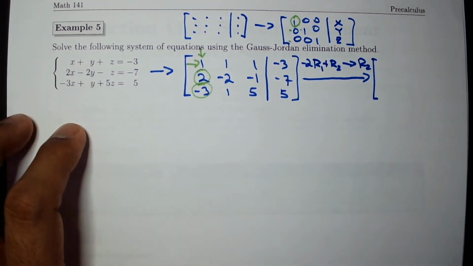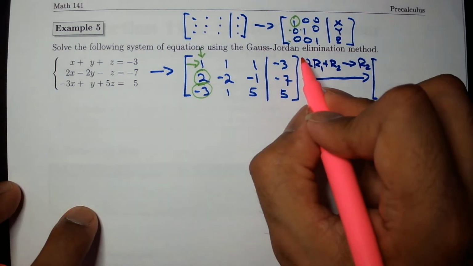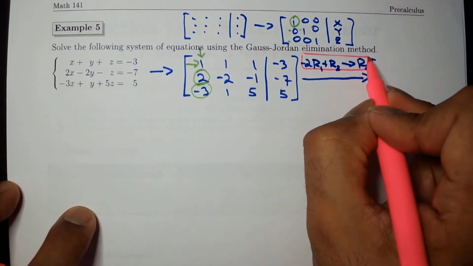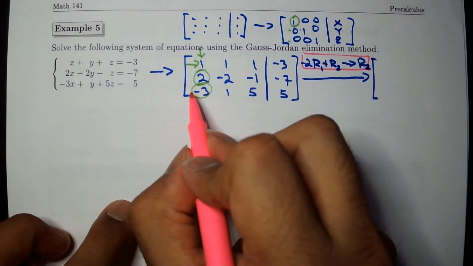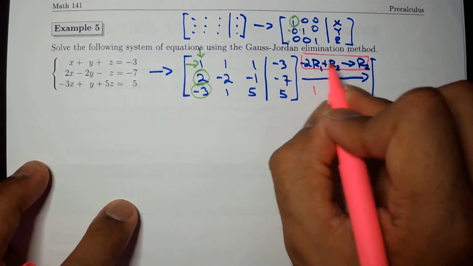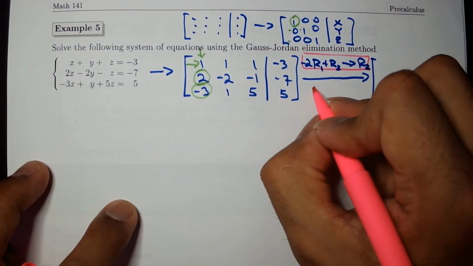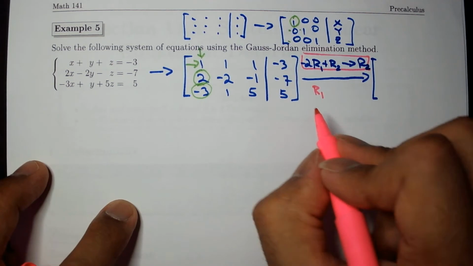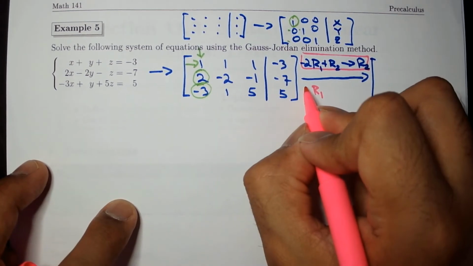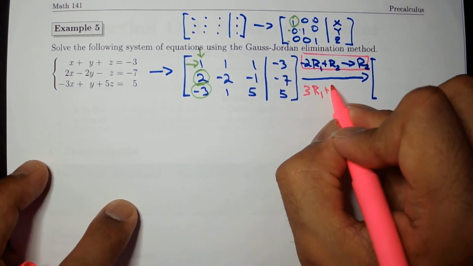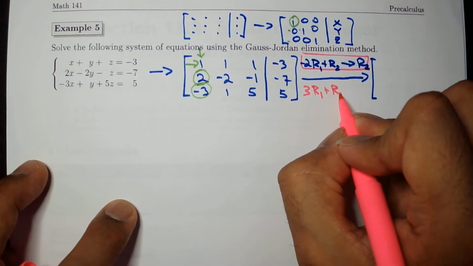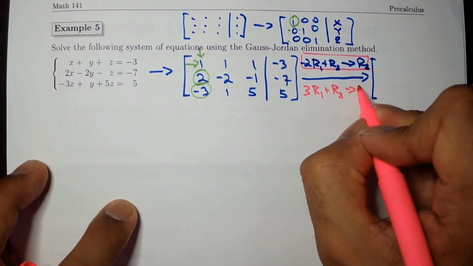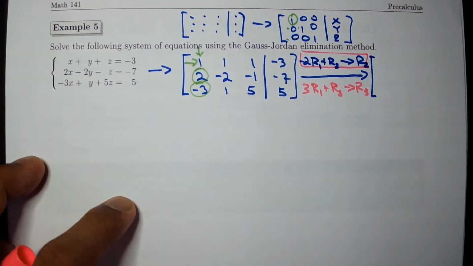That's one operation. And in this case, I need to do another operation. That's the first row. The opposite of negative 3 is positive 3, plus the third row to obtain a new third row. Let me show you how it works.